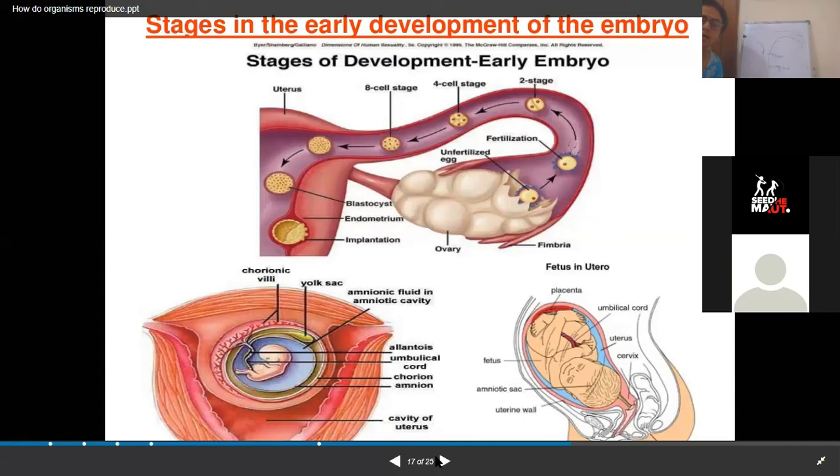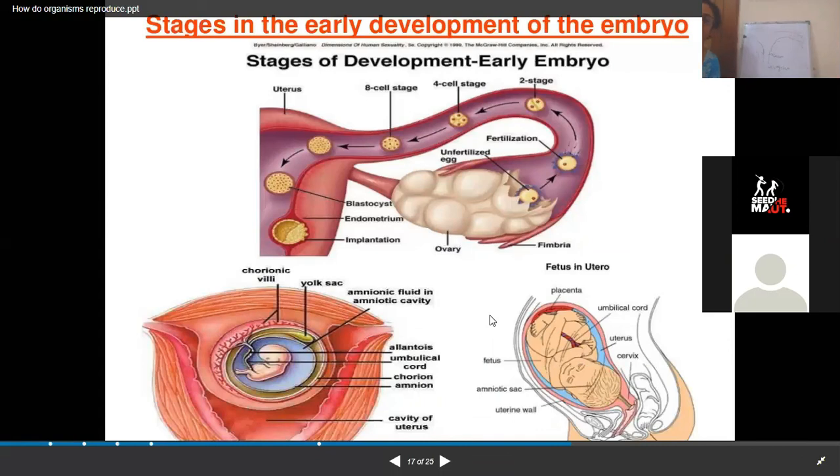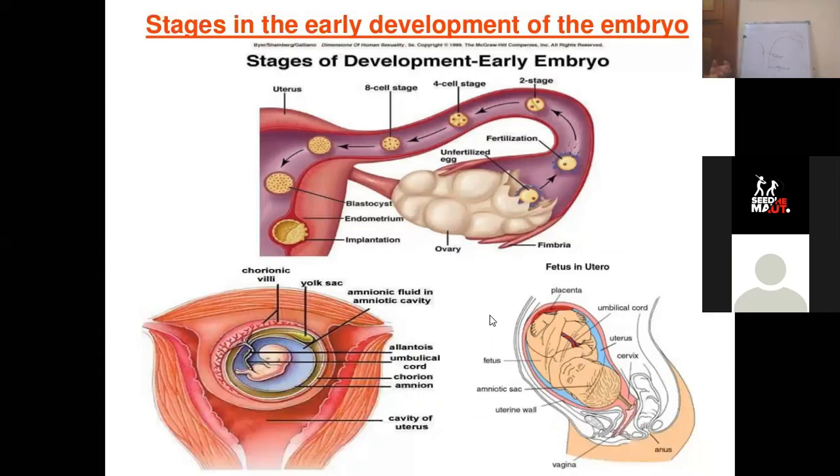The gestation period will be 9 months. That is the period through which the zygote develops into the proper human fetus. Once the 9 months are over, the baby is going to be born through the birth canal.